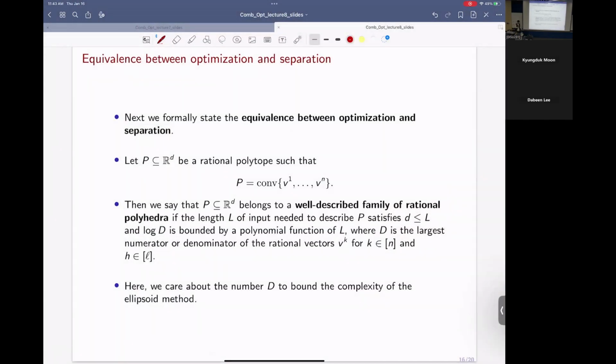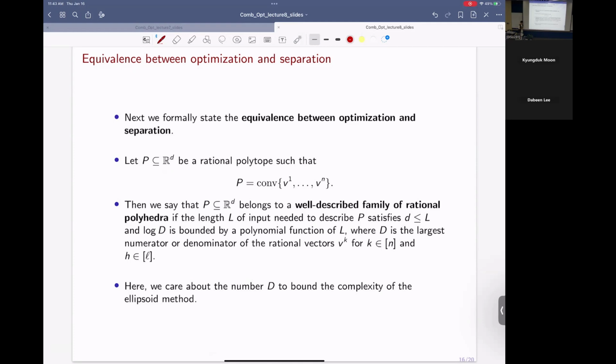I'm going to state this fact that optimization and separation are equivalent. What it means is I'm going to define the notion of the separation problem and also the optimization problem. Let's say that I can solve the separation problem in polynomial time.